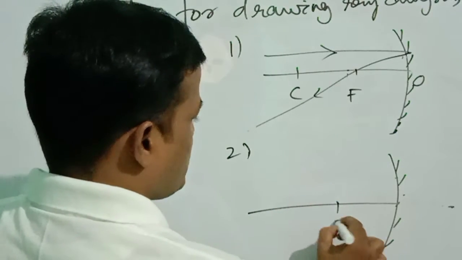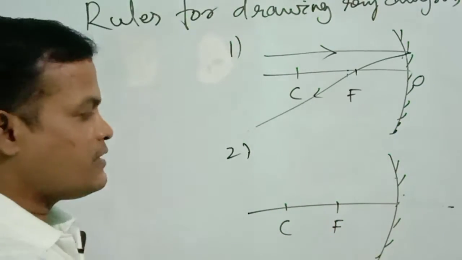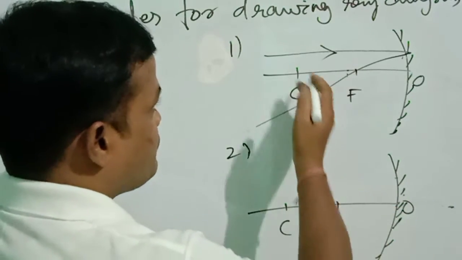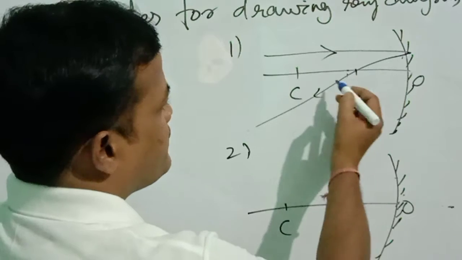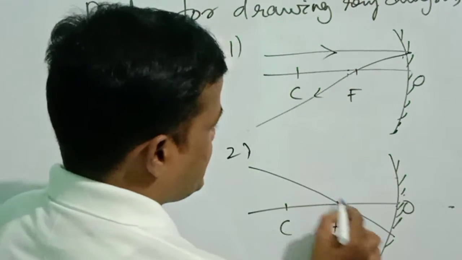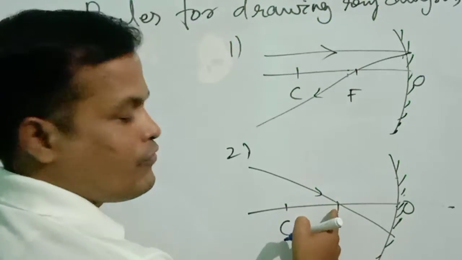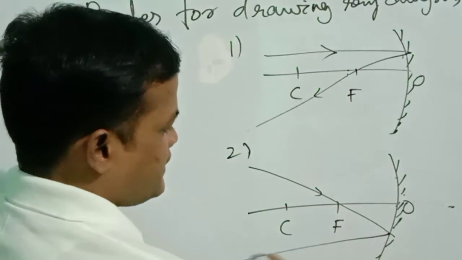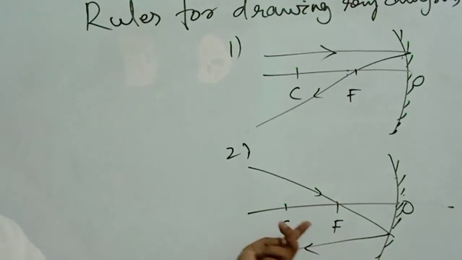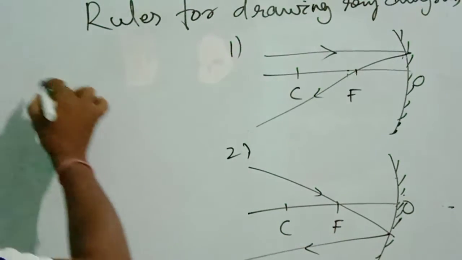Suppose this is your focus, this is your center of curvature, this is the mirror, this is the O. As we first know, if a ray is parallel, it is reflected through the focus. In the second case, if a ray is incident through the focus, then after reflection it emerges parallel to the principal axis.